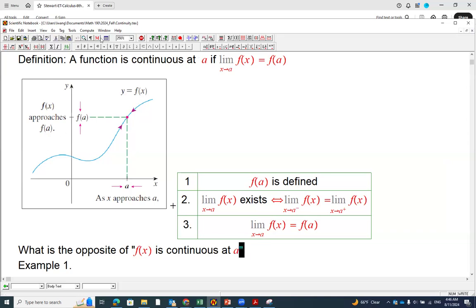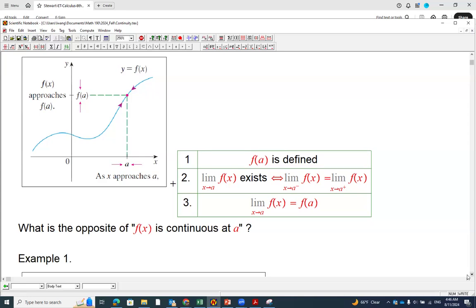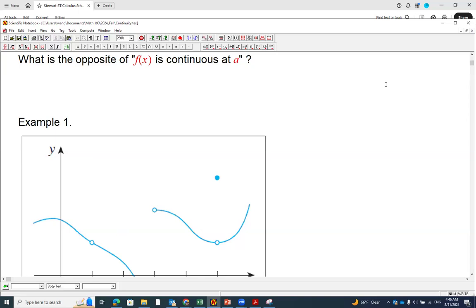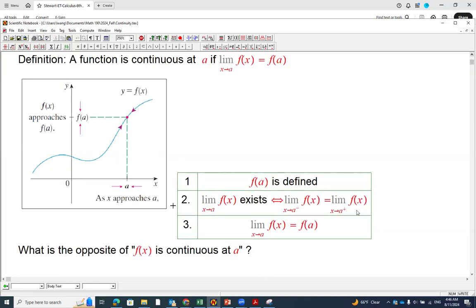From the definition's perspective, we have dissected the conditions required for a continuous function, so the opposite would be the opposite of the three conditions.